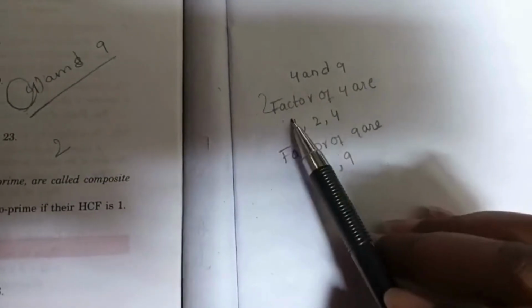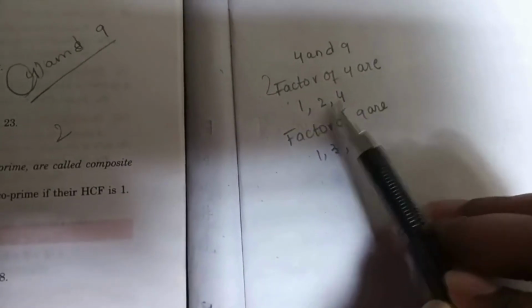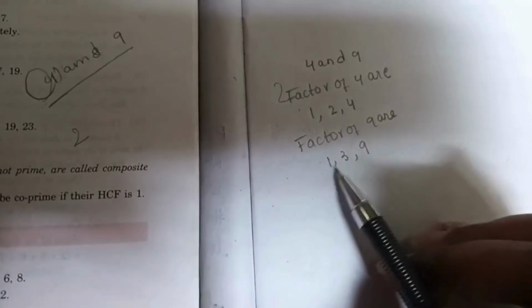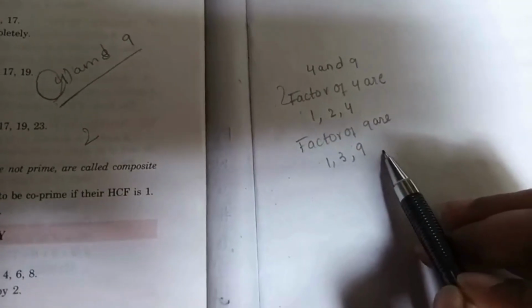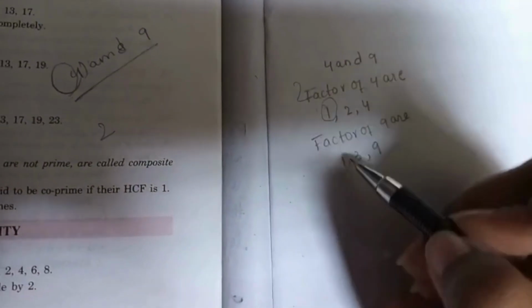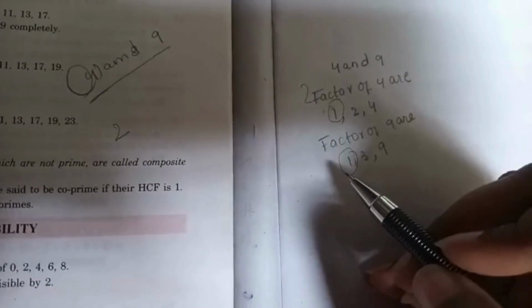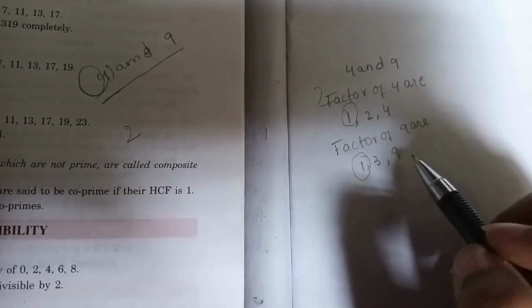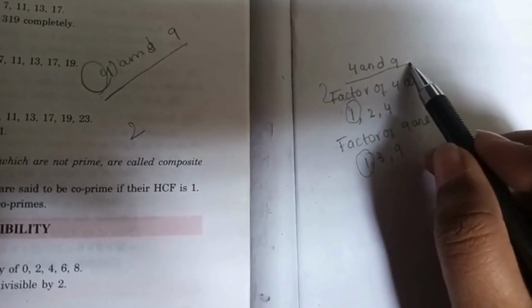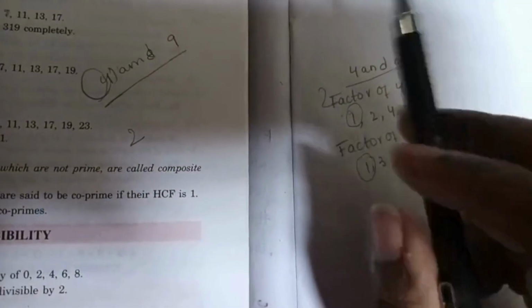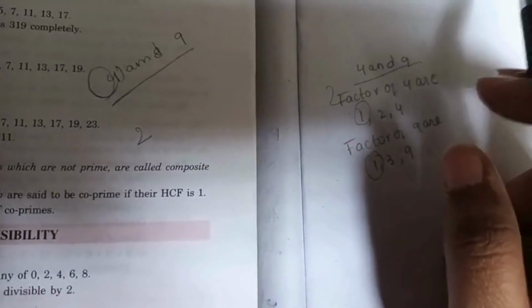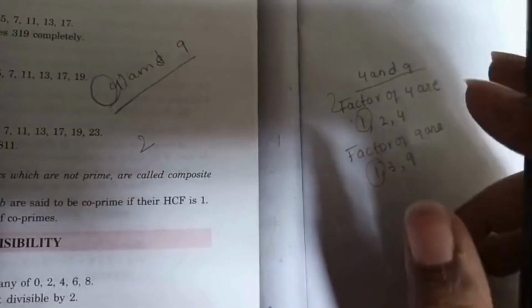Therefore 4 and 9 are called co-prime numbers. Notice something important: neither 4 nor 9 is a prime number, but together they are co-primes.